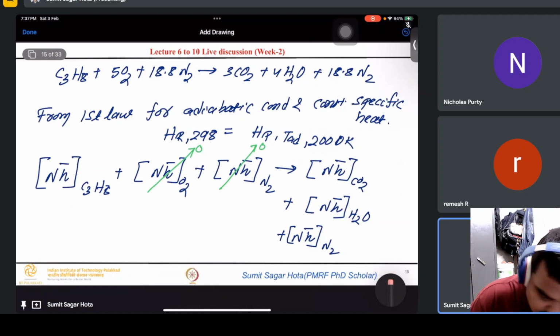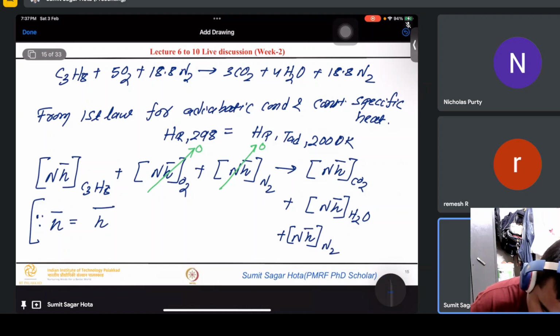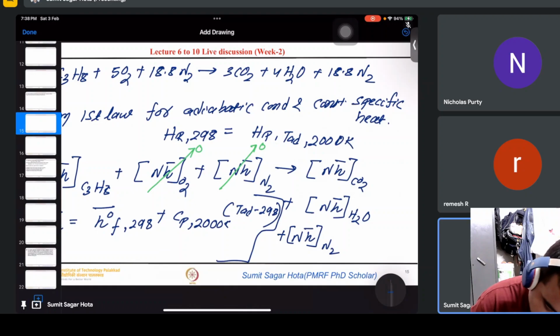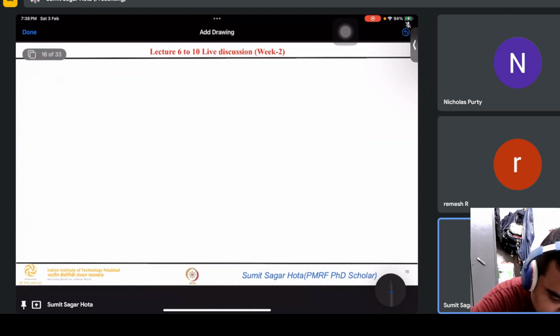Naturally occurring O2 and the specific heat in the question.